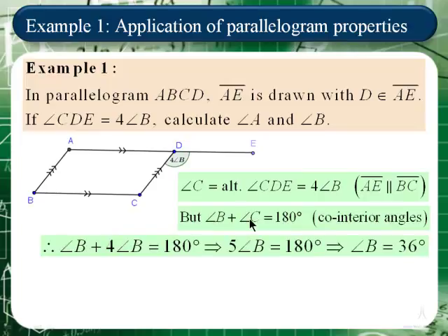So if we replace angle C by 4 times angle B, then we get 5 times angle B is 180 degrees, or angle B is equal to 36 degrees.